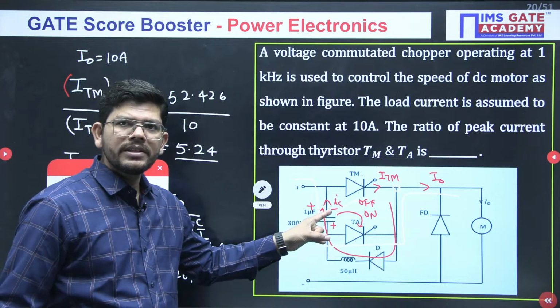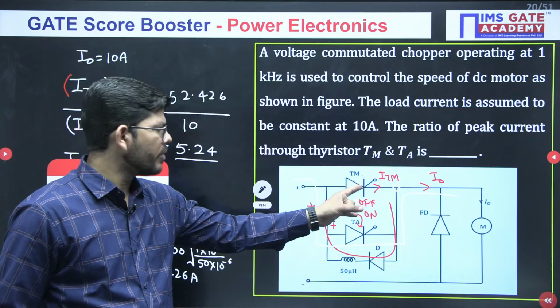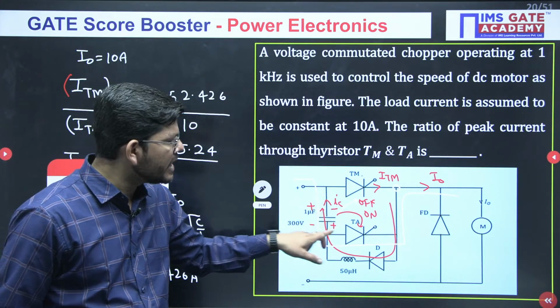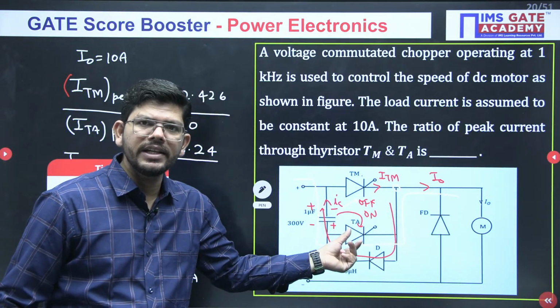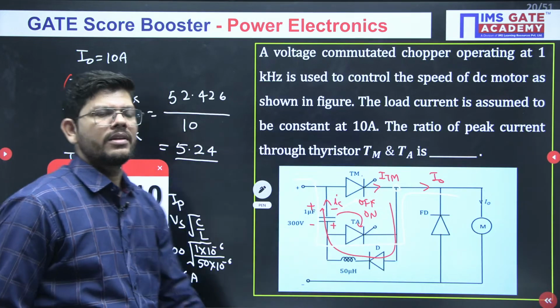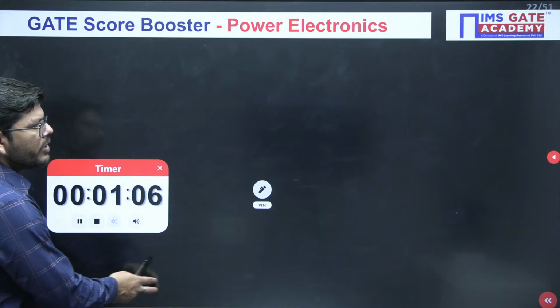When the capacitor polarity is reversed, the diode will also be off, the main thyristor will also be off. Now TA will be on and it will be carrying IC current, and this IC current is becoming equal to I naught. So IC is becoming equal to I naught right now.